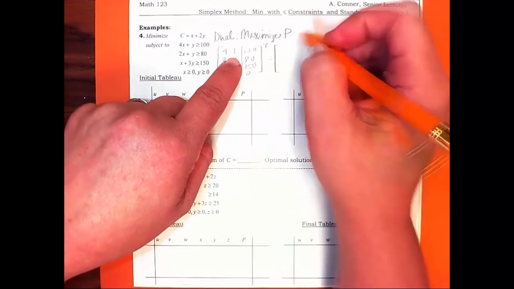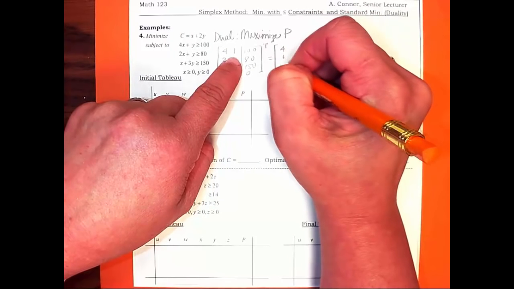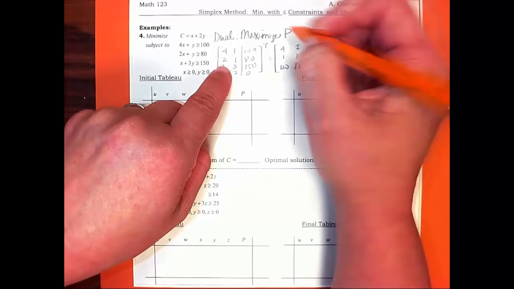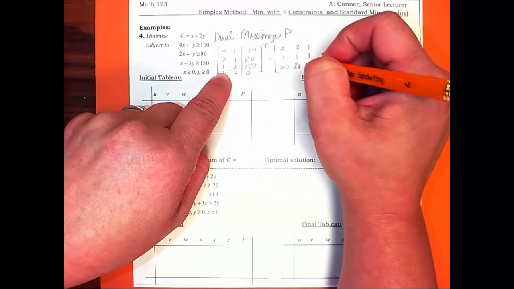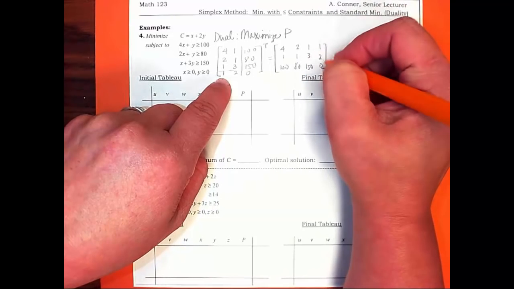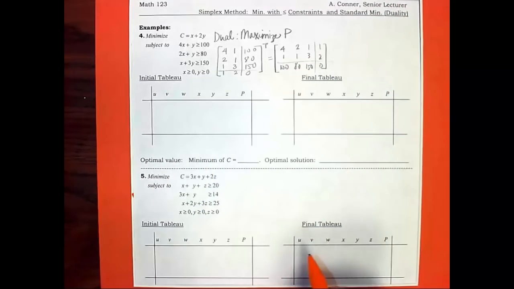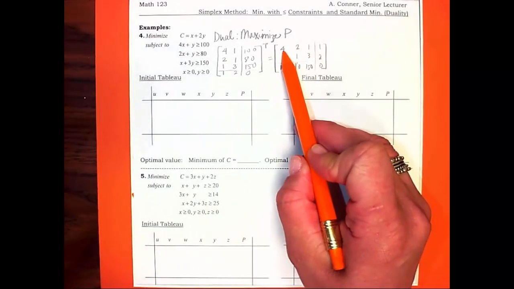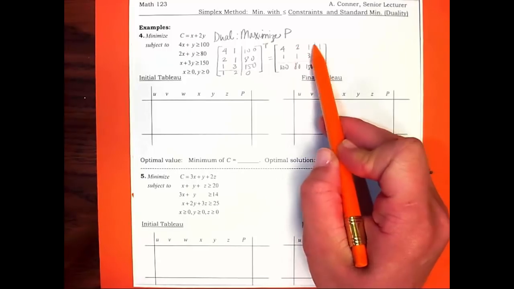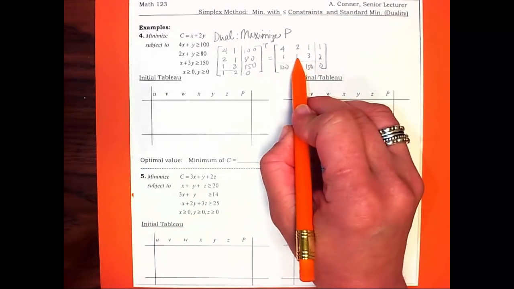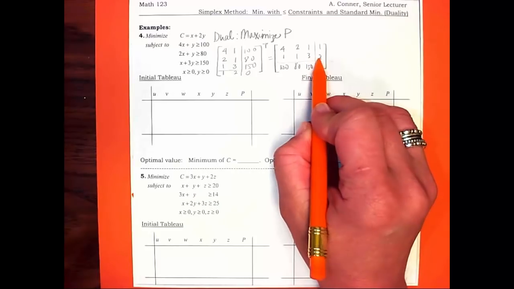So the rows become the columns, so 4, 1, 100, 2, 1, 80, 1, 3, 150, and 1, 2, 0. And we come up with our dual problem. So this reads off as 4U plus 2V plus 1W is less than or equal to 1. 1U plus 1V plus 3W is less than or equal to 2.